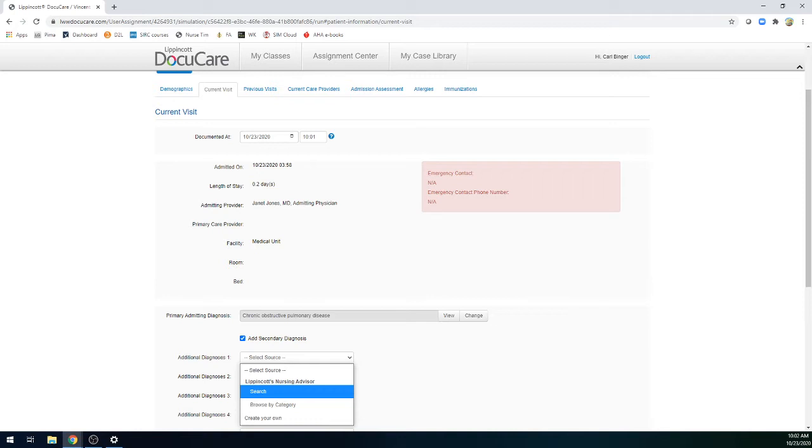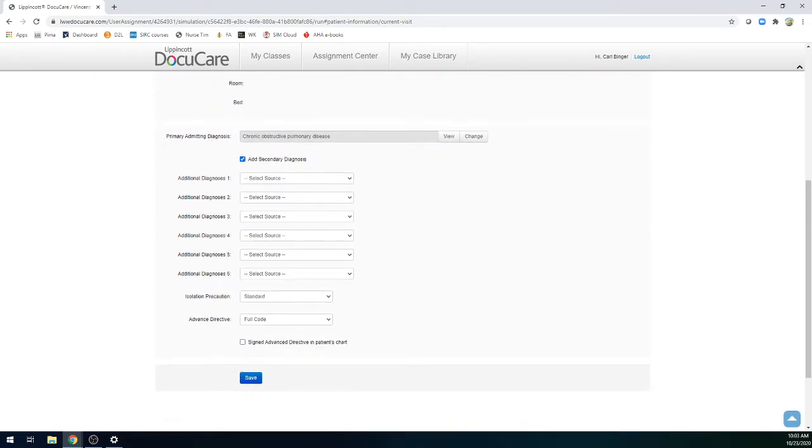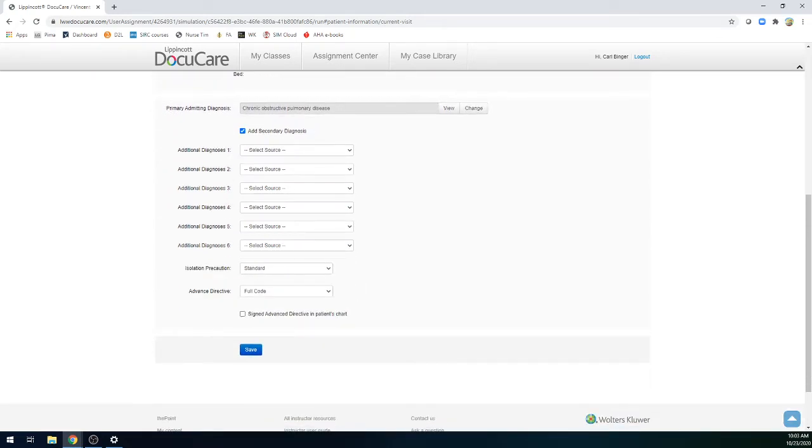Any additional diagnoses that you can add show that you understand your patient's disease processes and why they're being admitted to the unit. After you've added your additional diagnoses, by all means, please hit save.